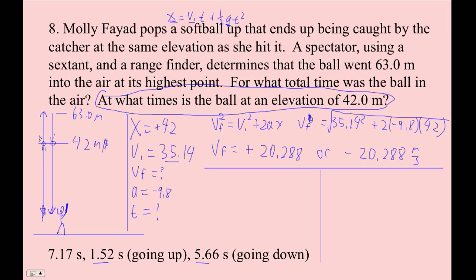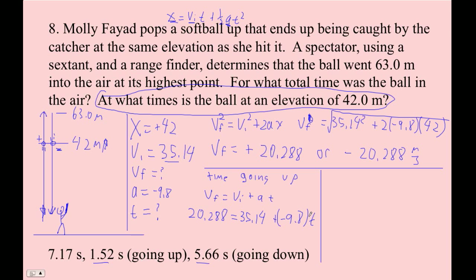Of course, the positive is on the way up. The negative will be on the way down. Now, it doesn't ask for the velocities at an elevation of 42 meters. It asks for the times. So for the time going up, I'm going to use VF is VI plus AT. Our final velocity 20.288 equals 35.14 plus negative 9.8 times t.